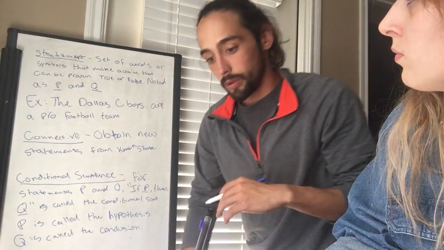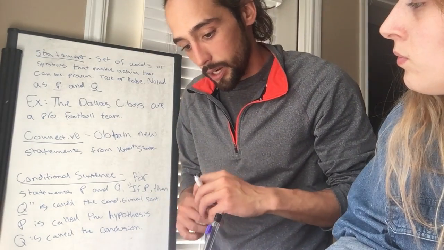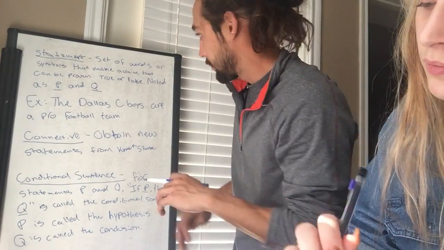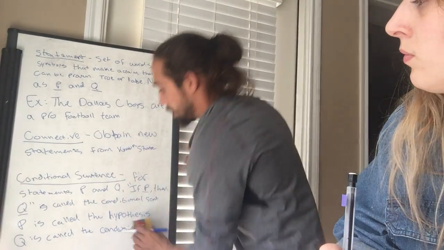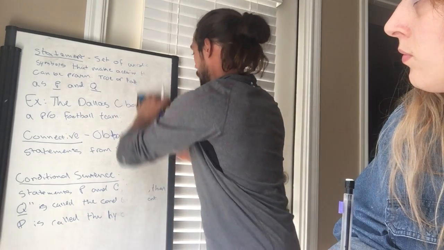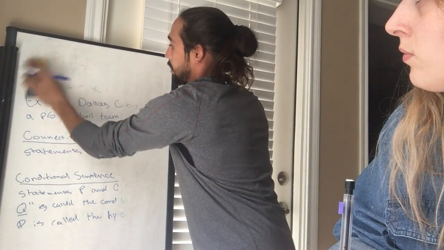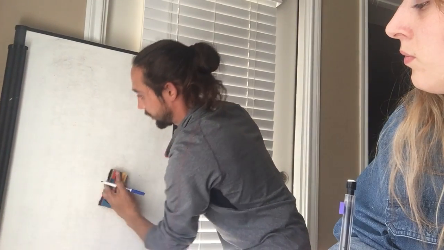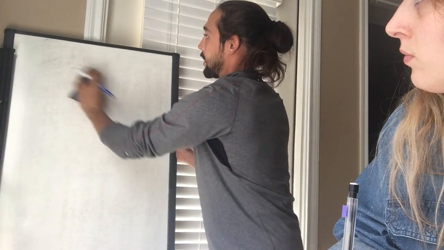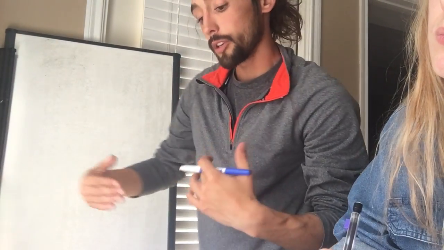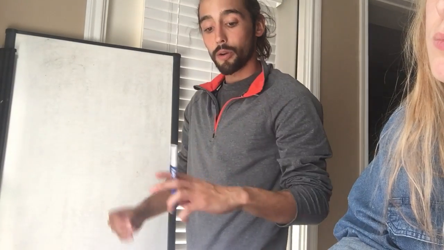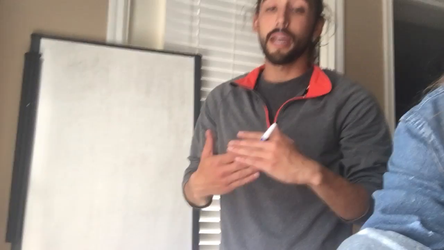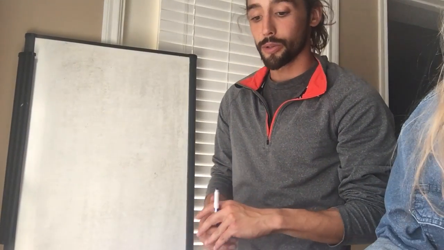And so, with that, our first example, let me erase all of this. What I'm going to do now is write this first example of a conditional sentence up on the board, and I'm going to show you how I go through and identify the P's and Q's, the hypothesis and the conclusion of a conditional statement.